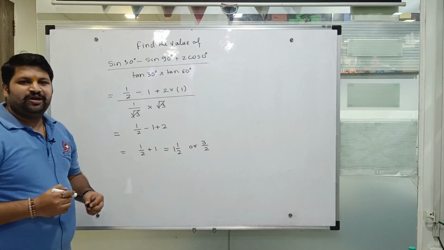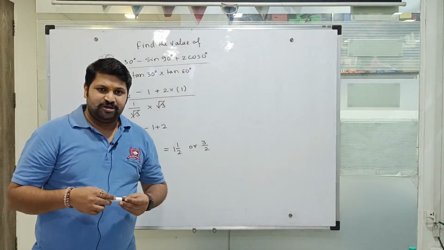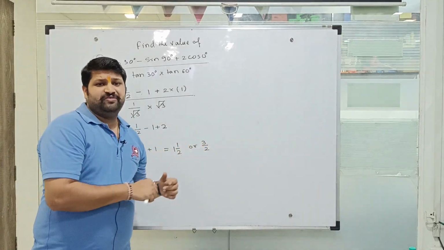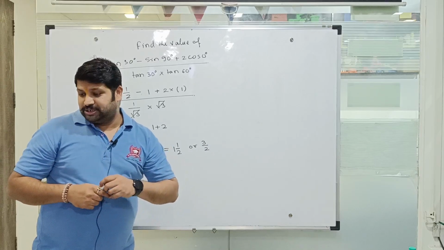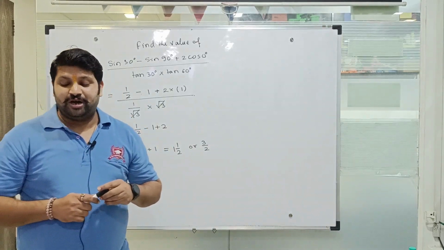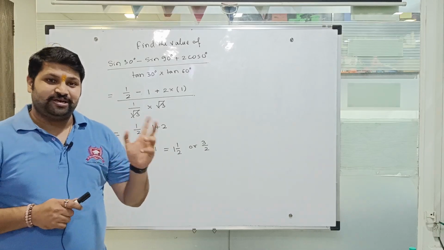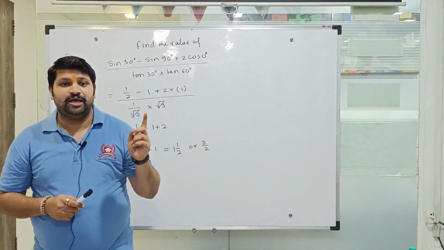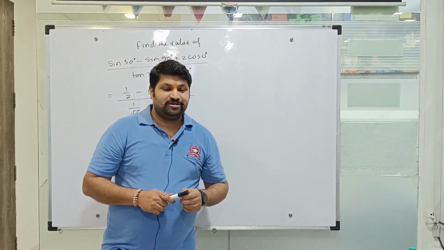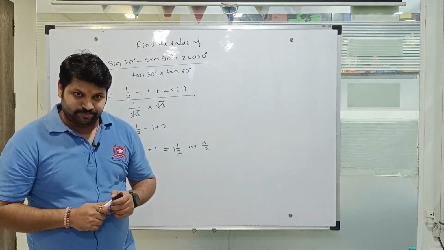And this is our final answer. This is a relatively easy sum. This is sum number 2 from chapter number 23, Trigonometric Ratios, in ICSE 9th standard Concise Selina book.